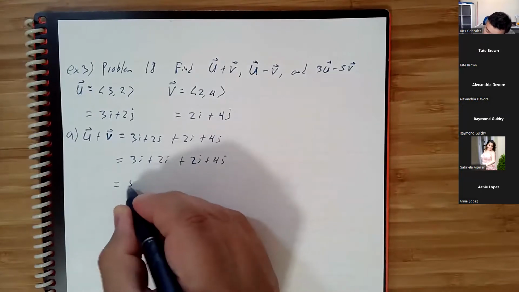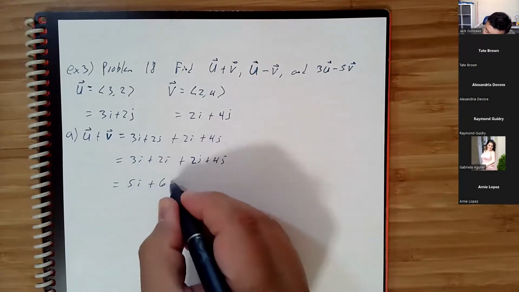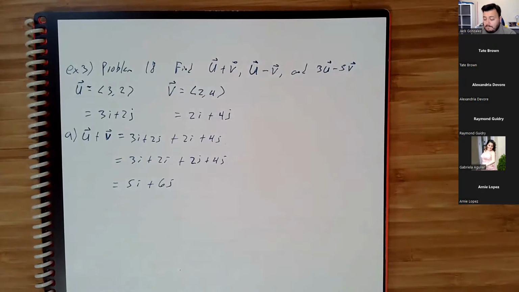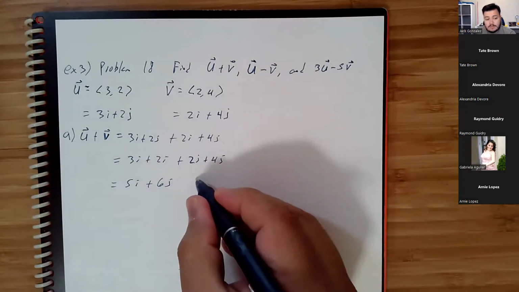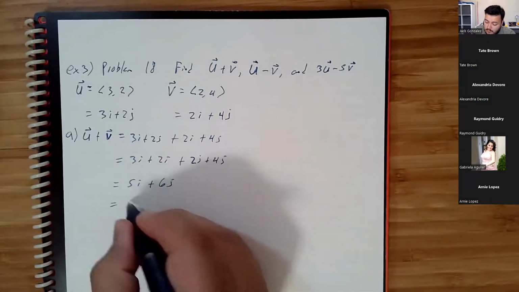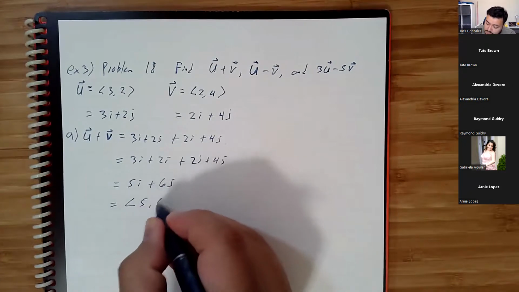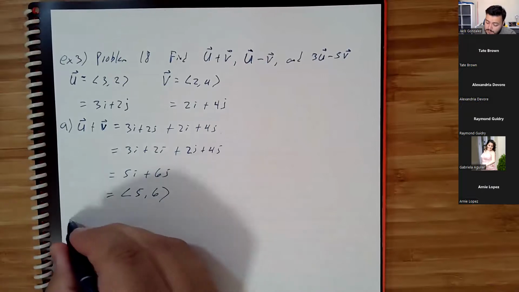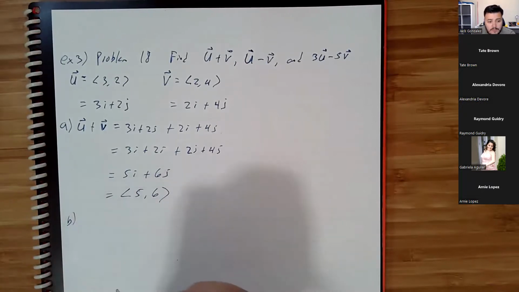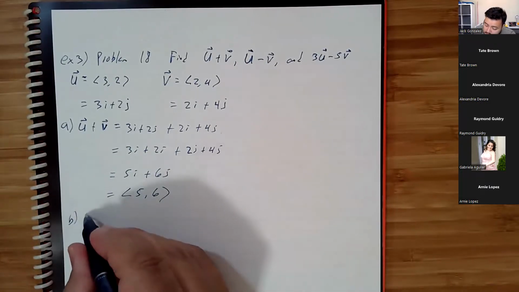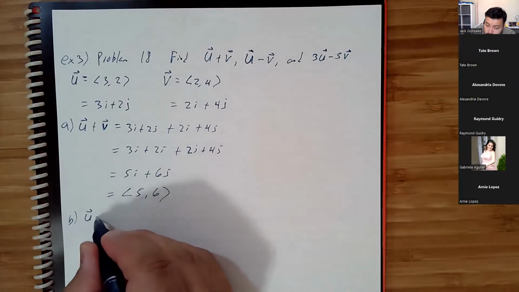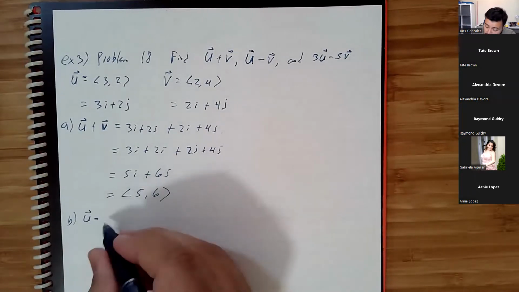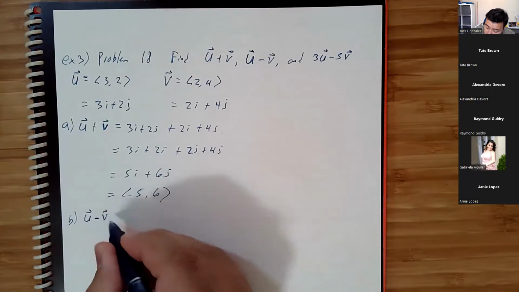So that'll be 5i plus 6j, which is the same as 5 comma 6 in this notation. B, if we use the other notation, just for the practice, doesn't matter. I don't care which one you use, it makes no difference to me. As long as you do things correctly, you'll be good.